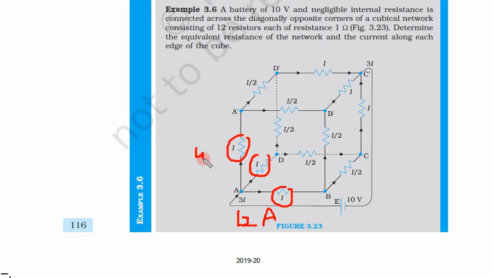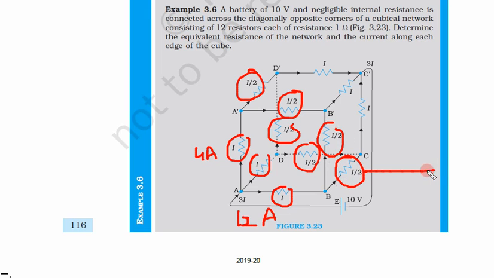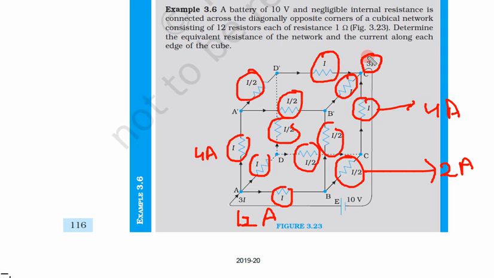Now these I by 2 elements are all 2 ampere, and these again are 4 ampere, and the current exiting is again 3I, that means 12 ampere. So now we know the current at each and every point in this circuit.